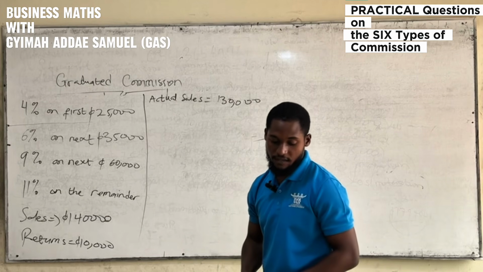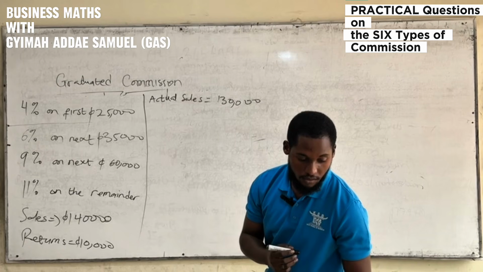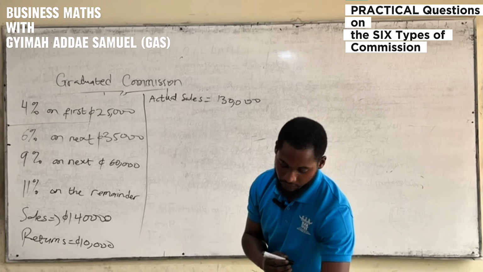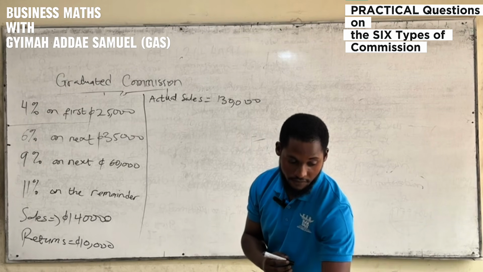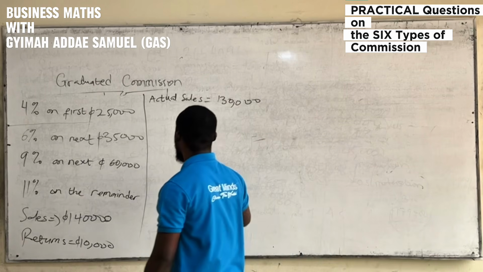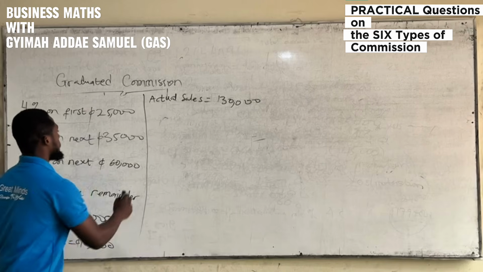So we would have to first find the 4% on the first 25,000.